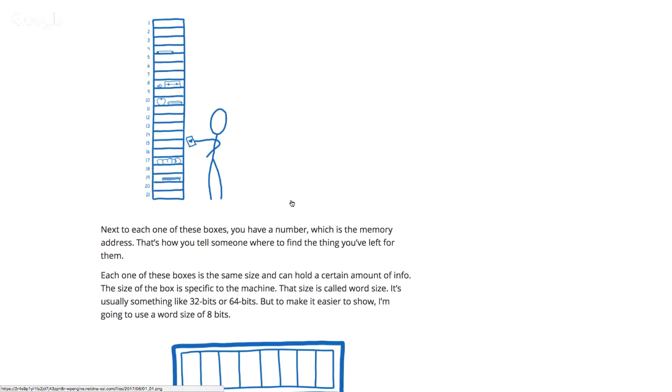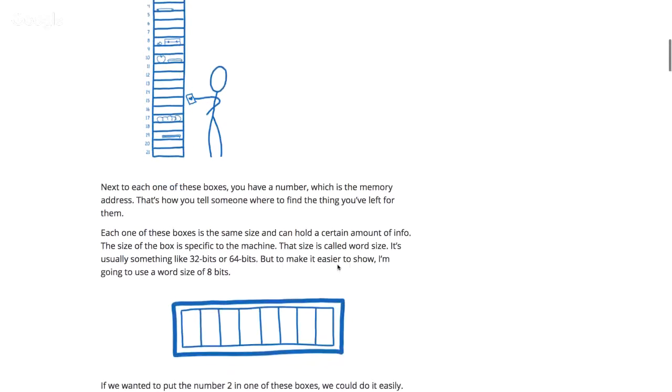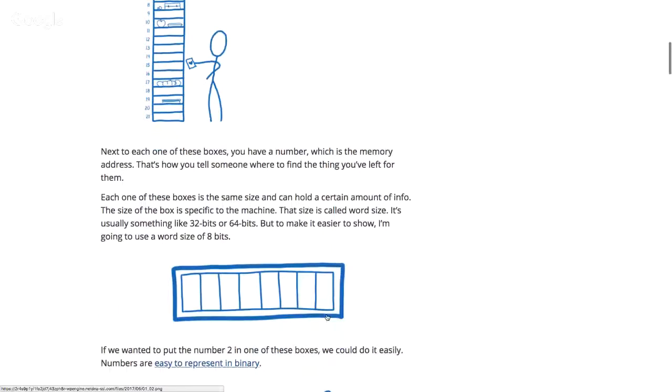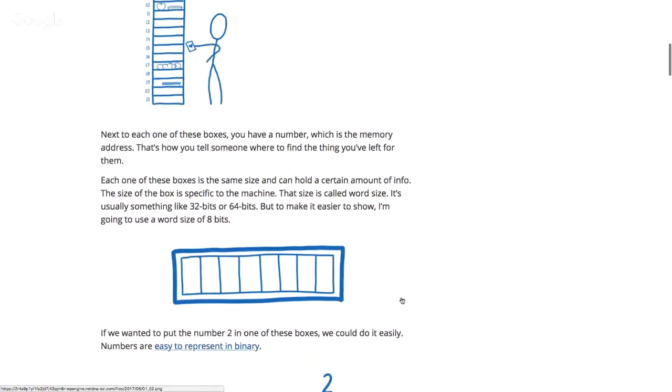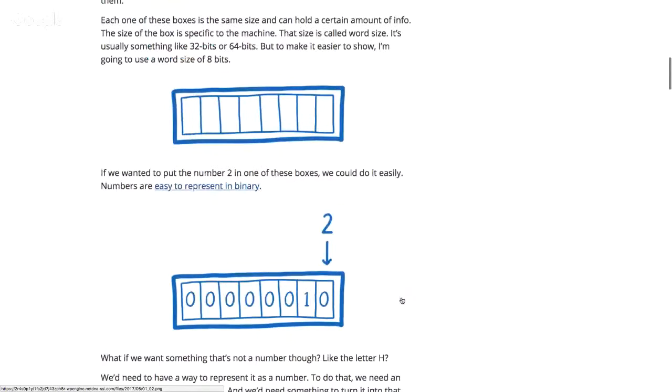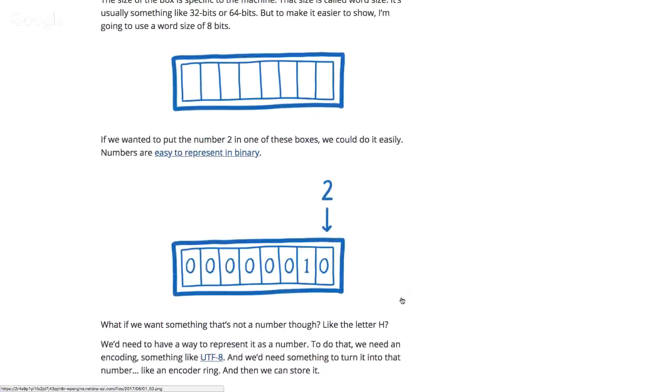So every memory slot can be considered a word, and a word can be 32-bit or 64-bit. For easier understanding, an 8-bit word was used. Let's say we want to store a number in this 8-bit word.